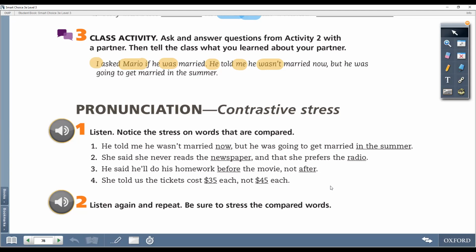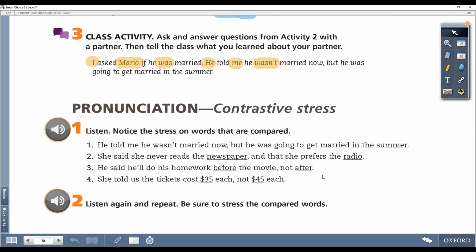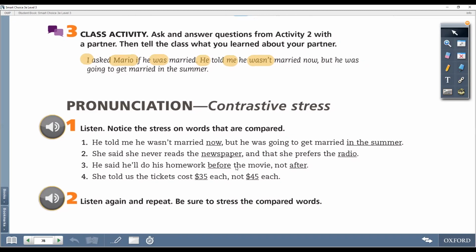So usually when we are contrasting ideas or situations, we emphasize the different elements, okay? This is only for you to practice. So make sure you use the platform to practice this. Listen to these sentences again and try to repeat them using the correct emphasis.